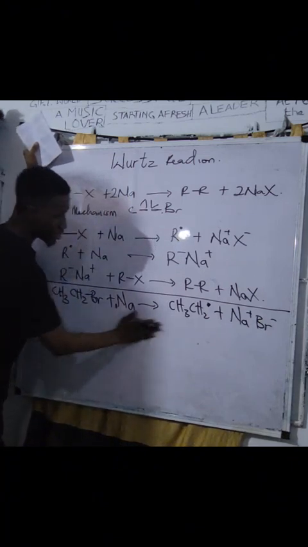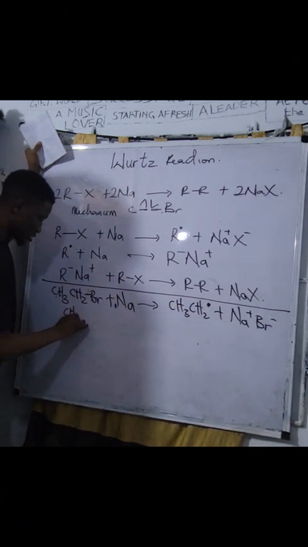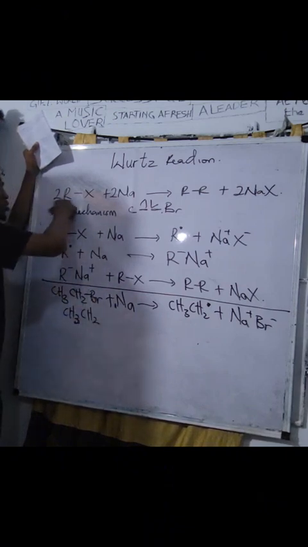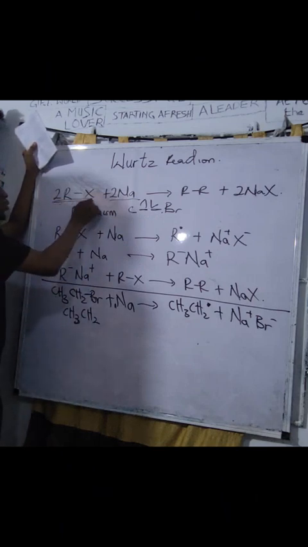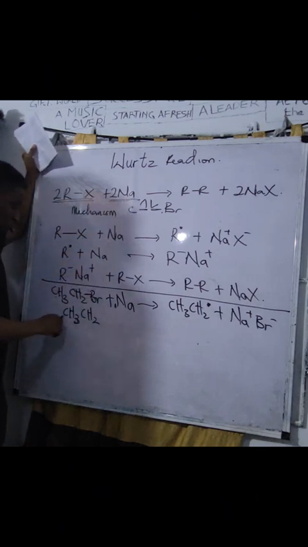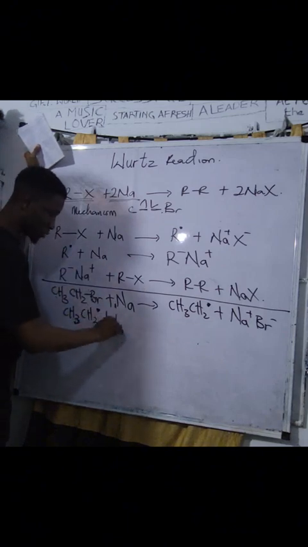Now, this radical that is here, CH3CH2. Don't forget, look at the beginning of the reaction here. It is two of this and two of this that is reacting. Two of the haloalkane and two of the sodium. So in this place, the second sodium atom will now react with this radical.